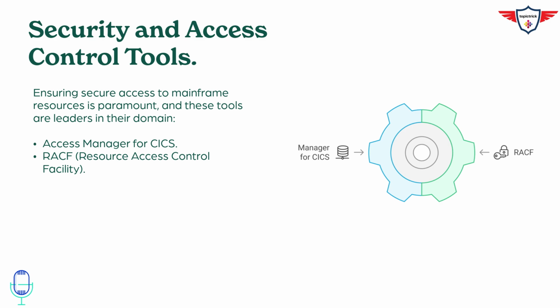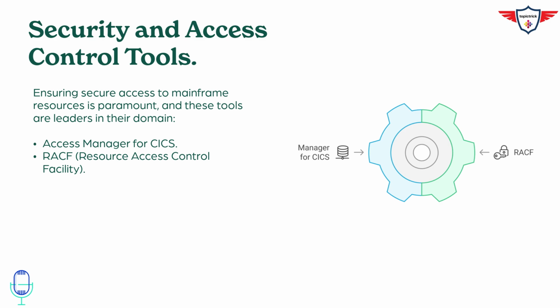Precisely. RACF allows administrators to define these very granular access rules. They specify which users or groups have permission to access specific data sets, programs, or even system functions. So this fine-grained control is crucial for preventing unauthorized access and protecting sensitive data.